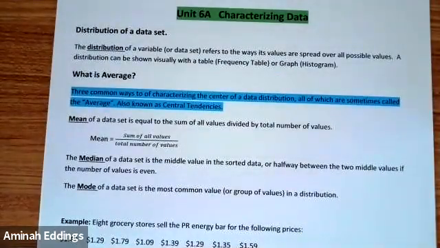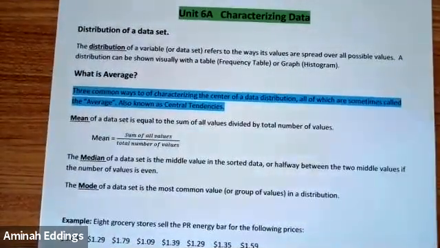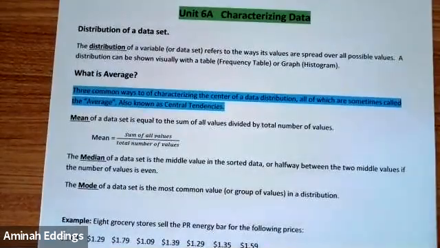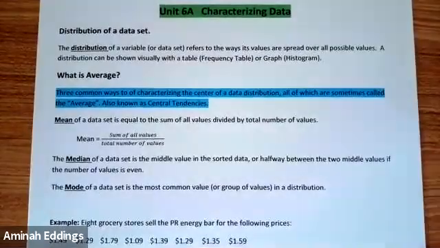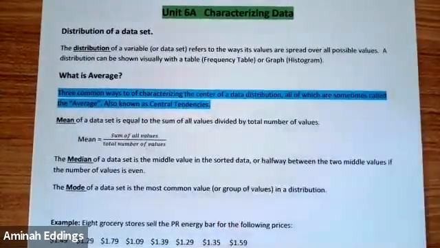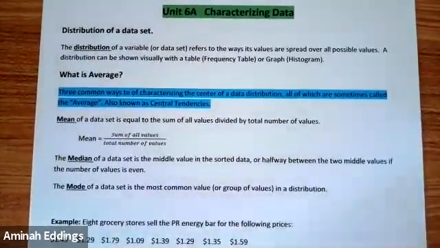This distribution can be shown visually within a table. We looked at this a couple of class periods ago. Tables could be frequency tables, or it could be a graph, a histogram.